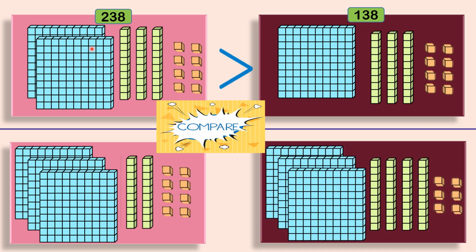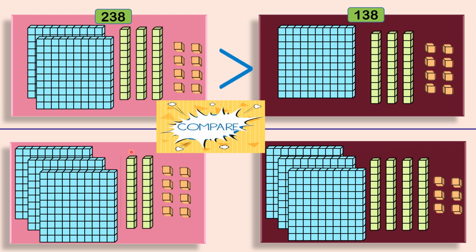One more picture. Now let's see the hundreds blocks here. So 1, 2, 3 in the first picture. In the second picture again we have 1, 2, 3. If both pictures have same number of hundreds blocks, we'll go to tens to compare.